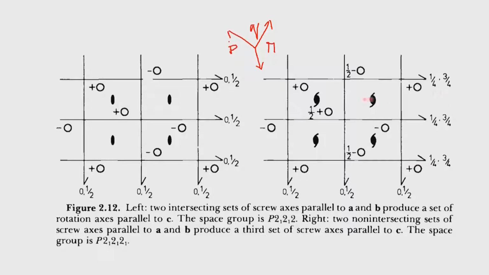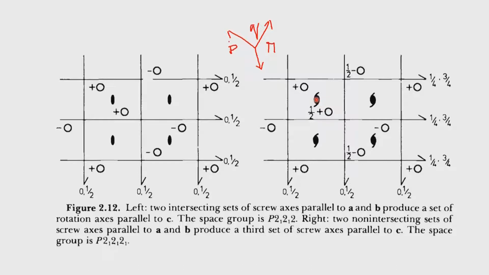Then what happens is, if you generate the equivalent points based on these two operations, you will get this point removed by half, because the two-fold screw axis is at 1/4 the distance from whatever we call 0, and as a consequence we get half plus 0. Now, the relationship between these two clearly shows the presence of a 2-1 screw axis.